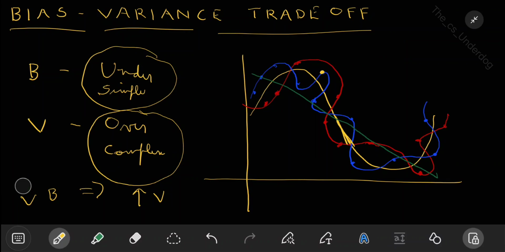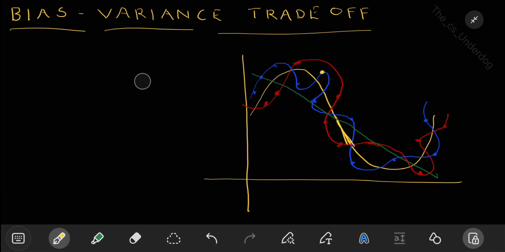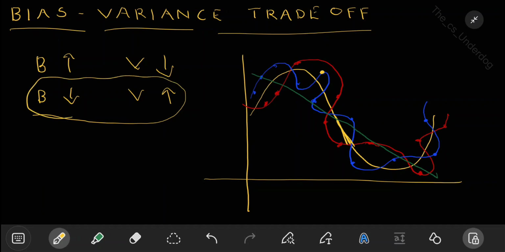So it's called a trade-off because whenever bias increases, variance decreases. Same if whenever bias decreases, variance increases. So the problem is, if you have low bias and high variance, in this case, your model is a complex model.